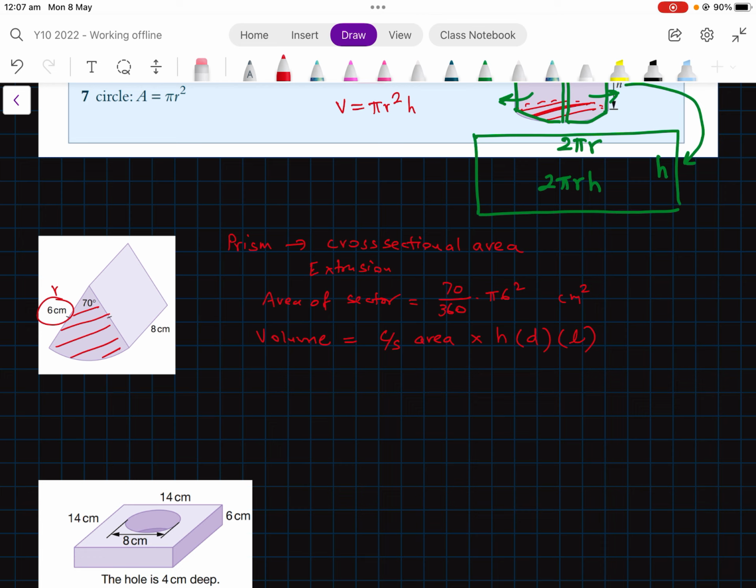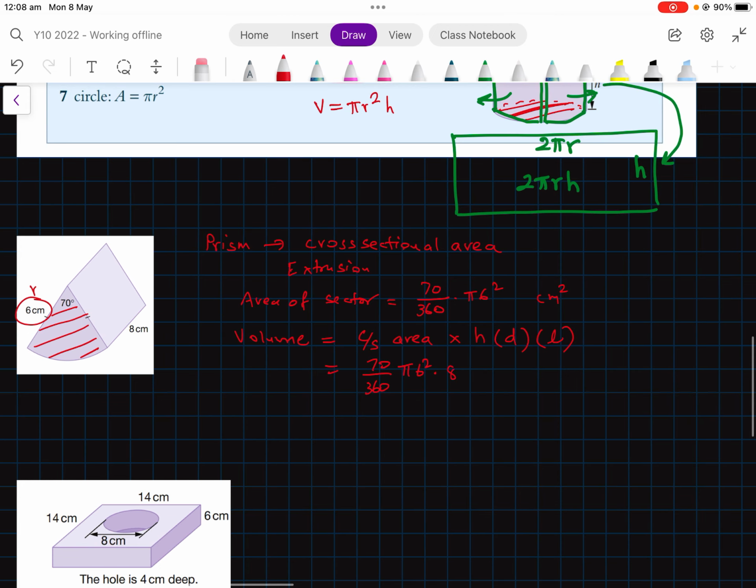So the cross-sectional area is 70 out of 360 pi r square, pi 6 square, and the depth in this case is 8, so multiply this by 8. Obviously calculate this using the calculator, and since this is a volume, all the units are aligned, centimeter and centimeter, so we should be able to get this in cubic centimeters.